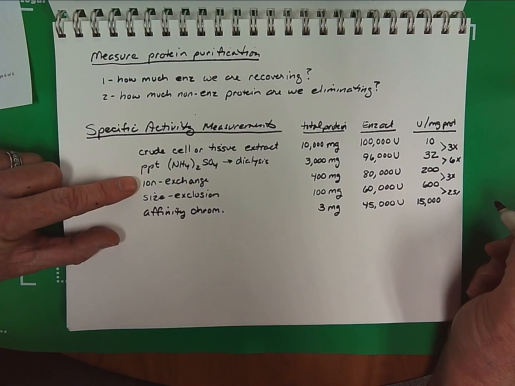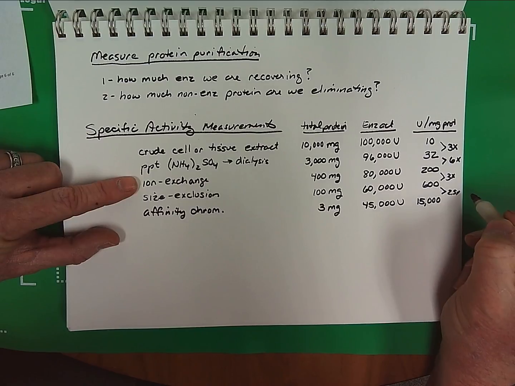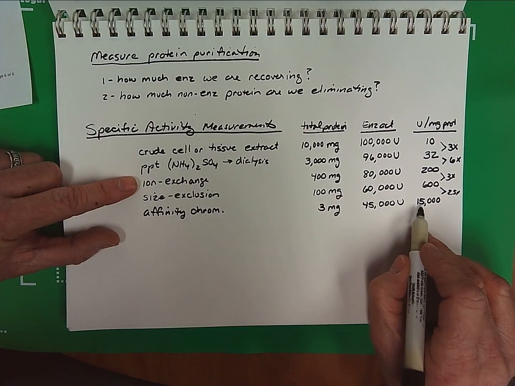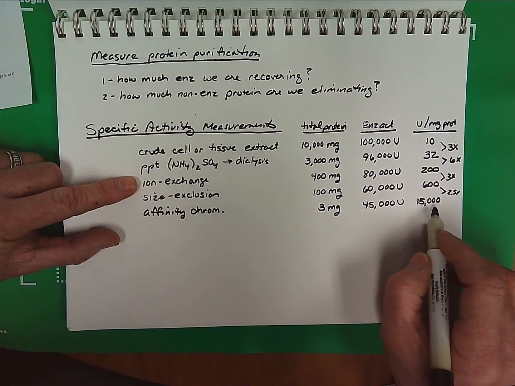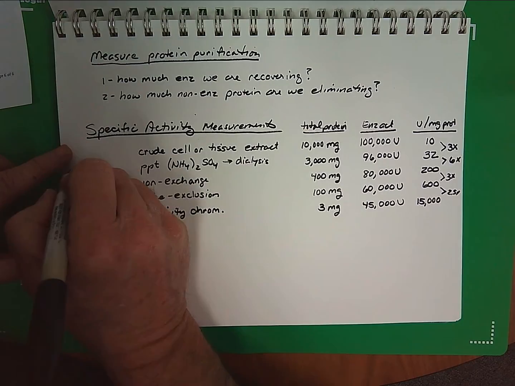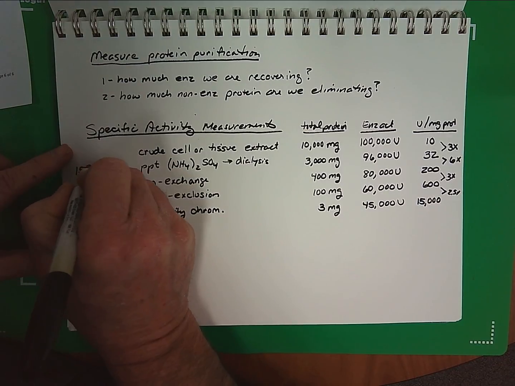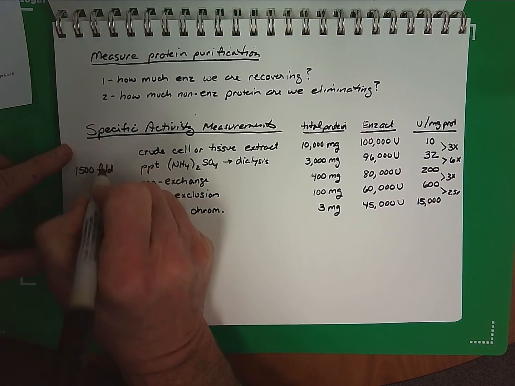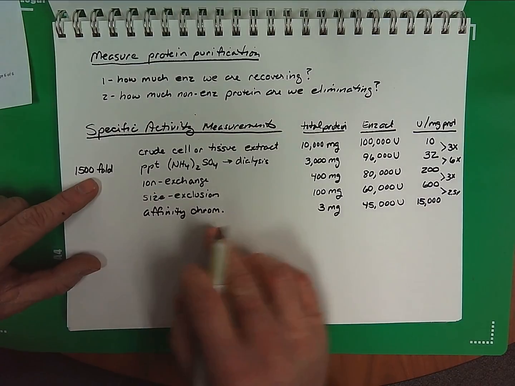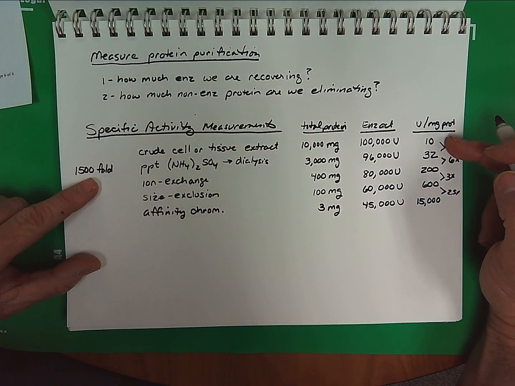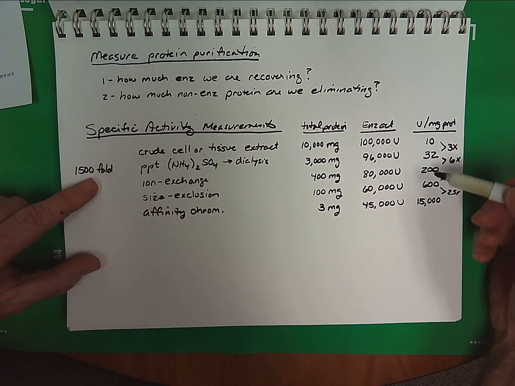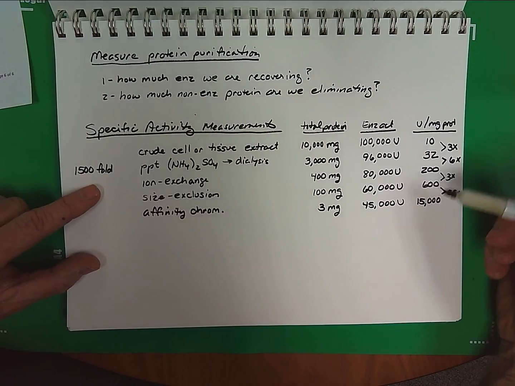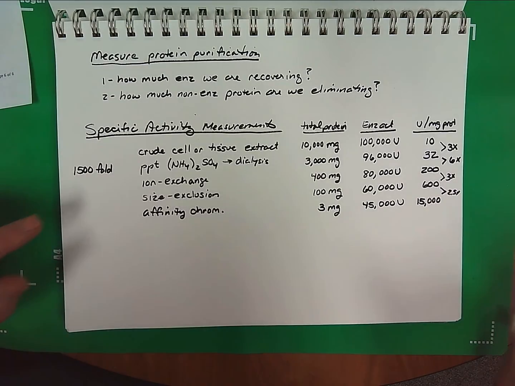Overall, you take your final specific activity, divide it by the original, and what we have is a 1500-fold purification of our enzyme over the original material. And this is how you calculate specific activity and quantitatively measure the effectiveness of your purification scheme for that protein or enzyme.